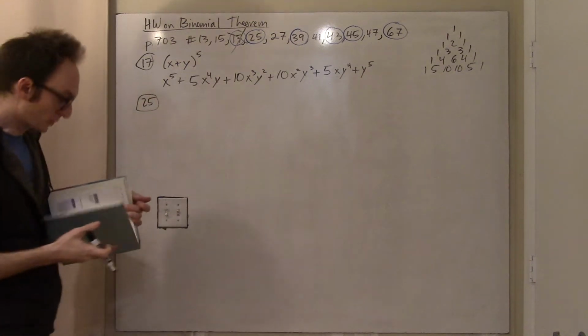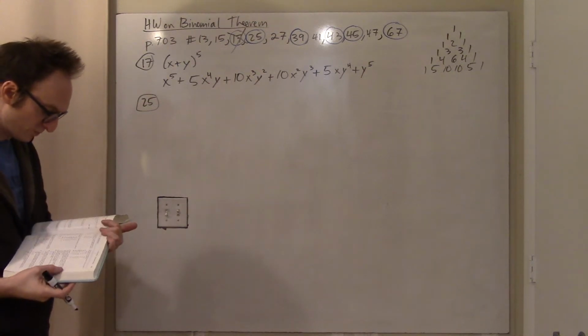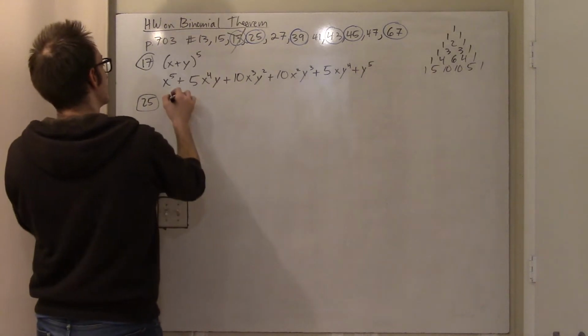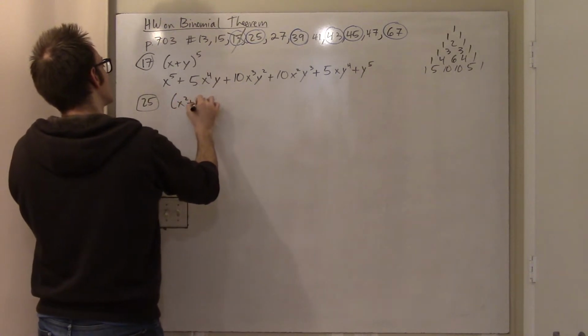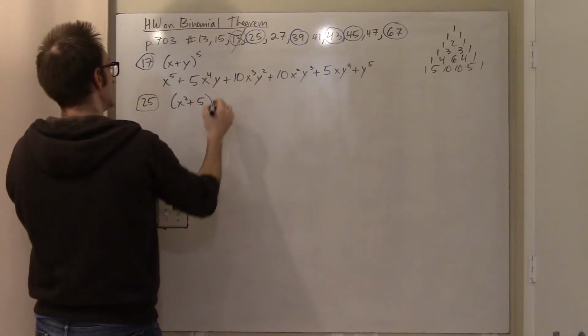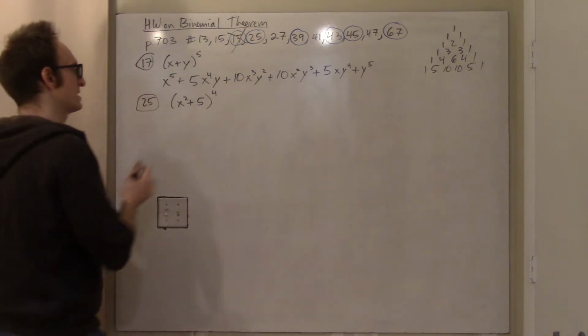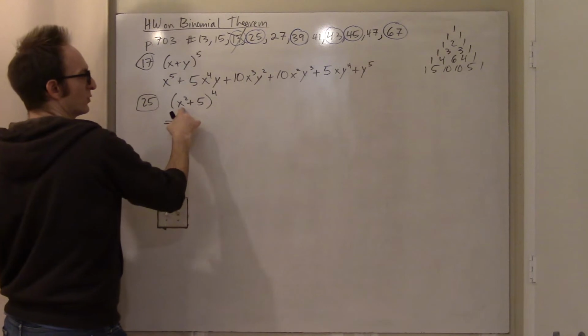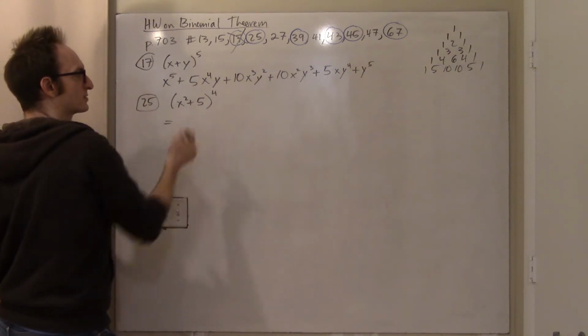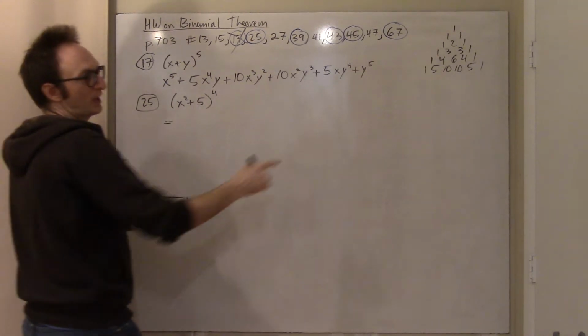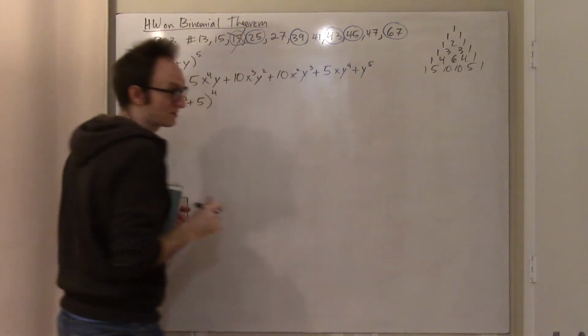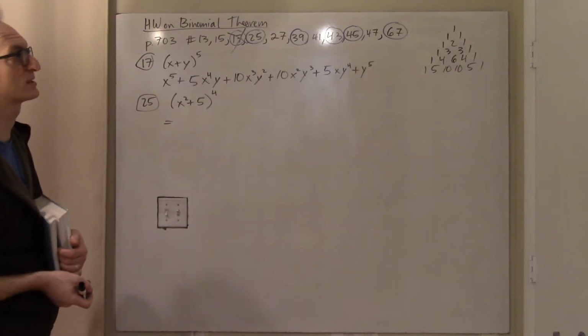Number 25. Well, it's not a particularly much harder problem: (x squared plus 5) to the fourth. I have to put a little more effort in now, because this is like A and this is sort of B. Looking at the fourth power, again using Pascal's triangle, the coefficients are 1, 4, 6, 4, 1.